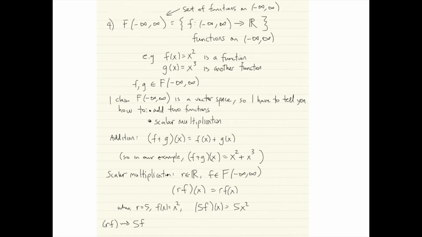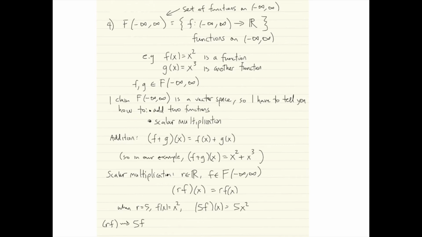The resulting function is an element of this function space. For example, if f and g are x squared and x cubed, then the sum function takes x as input and returns x squared plus x cubed. Finally, scalar multiplication: if you give me a real number and a function, I'm going to give you back a new function, and that new function takes x as input and returns the following.